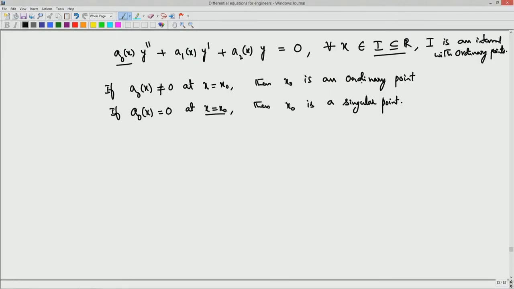When you cannot find any solution, not even a single solution y1, to find two linearly independent solutions, we use the method called the power series method. That means you look for solutions y(x) in the power series form, with some constants an, with n from 0 to infinity.